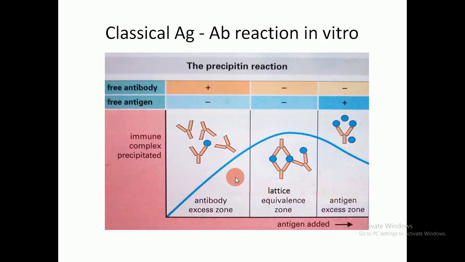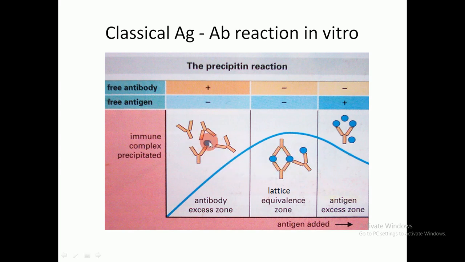So here we have the antigen, and here the first step, binding of the Fab with the epitope, and then binding of another antibody with another epitope of the antigen leads to formation of cross-linking.